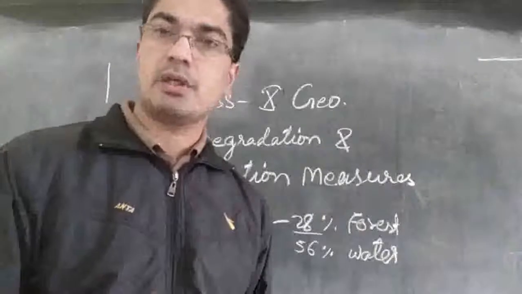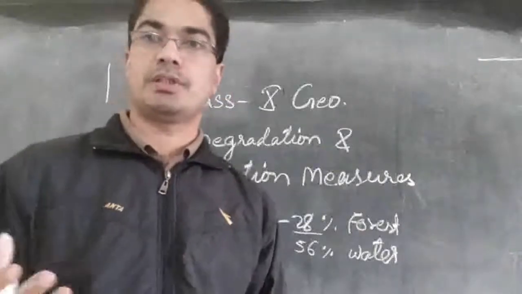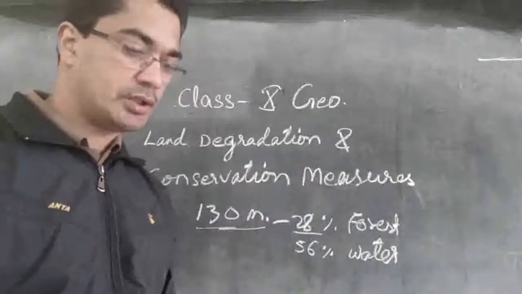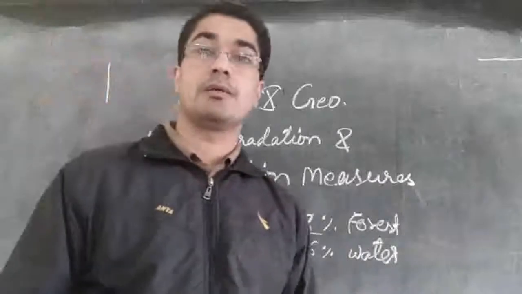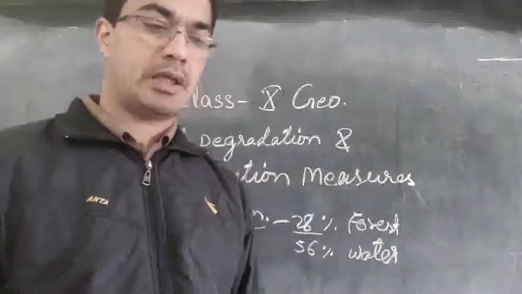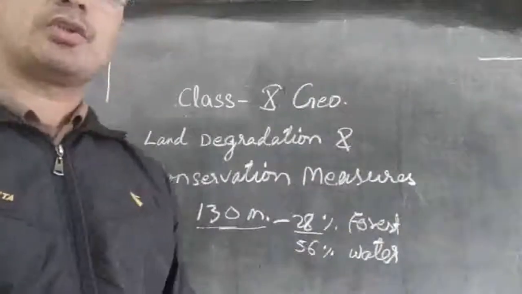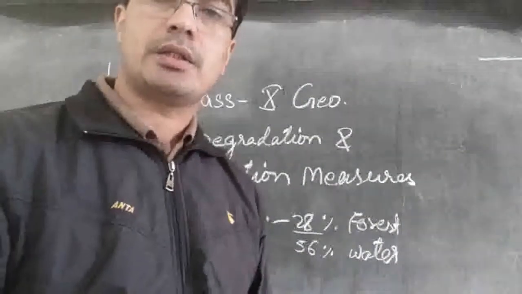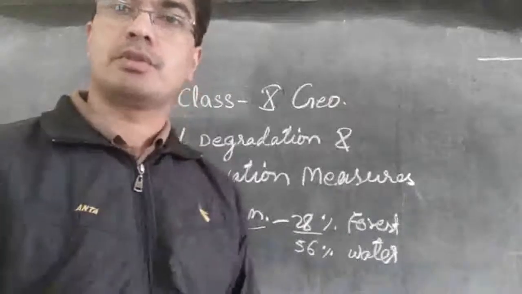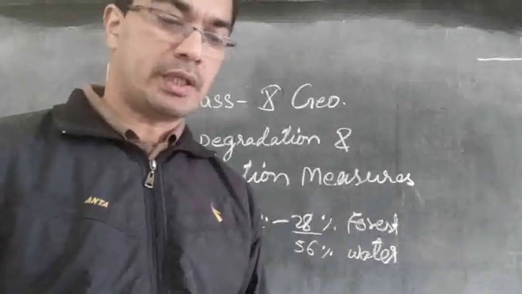Unless the water goes down, there cannot be storage in the underground. So it is making the soil more and more dry and filled with dust. So the existence of industries is another reason why the soil becomes very poor or degraded.